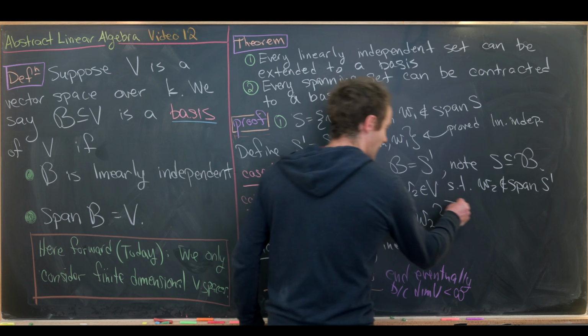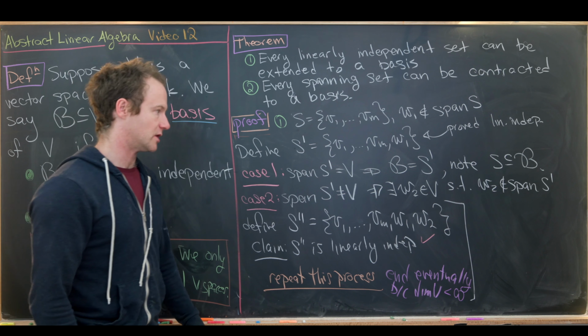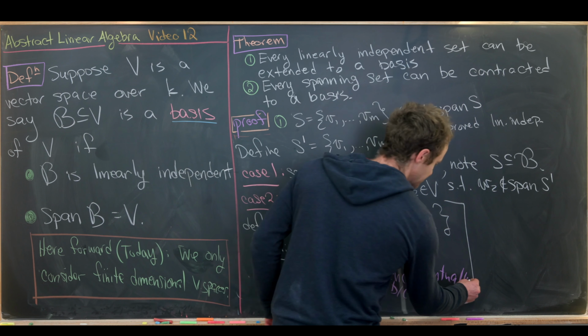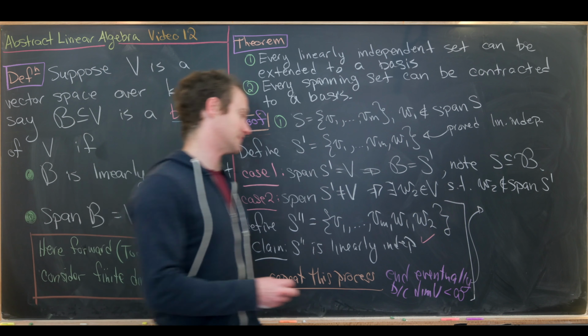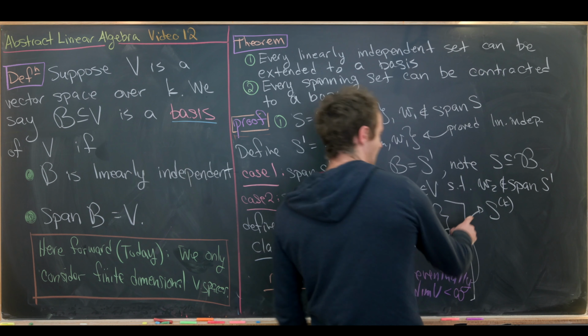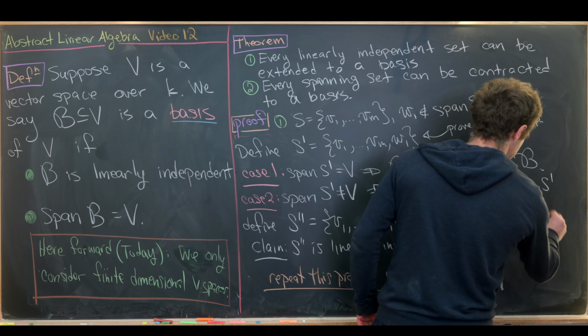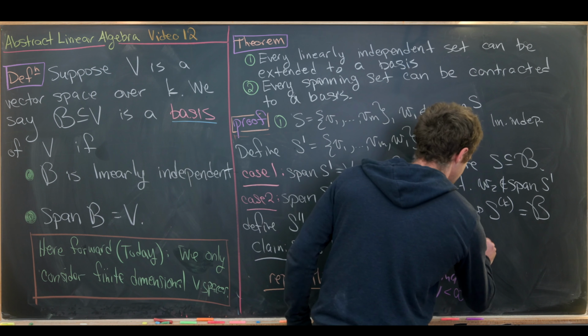But along the way, we've created this string of subsets that are all included in each other. So let's say this stops after doing it maybe k times. So if this stops after k times, we would say S upper K is equal to our basis. And like I said, we've got this string of inclusion.